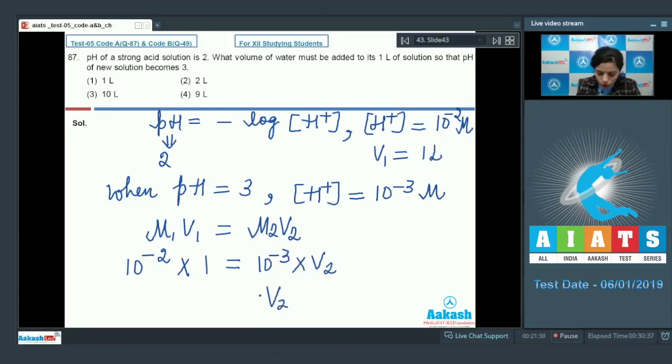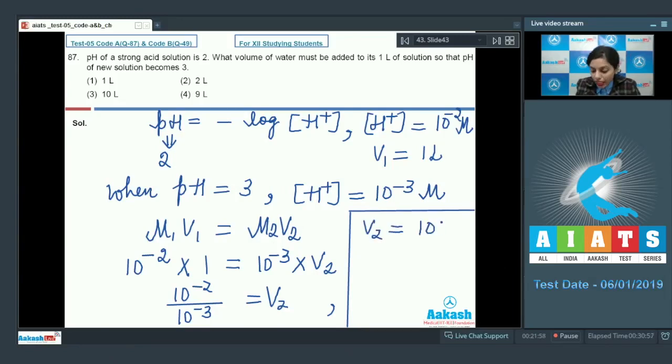So this V2 would be equal to 10 raised to the power minus 2 divided by 10 raised to the power minus 3. It means this V2 value is equal to 10 liter.